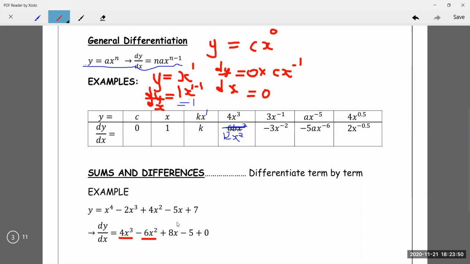It wouldn't be negative 5x. When you differentiate negative 5x, what are you supposed to get? Think about it. So you have negative 5x. What's negative 5x? Negative 5x to the 1, isn't it? Yes, sir. Right? Then how do you differentiate this now?